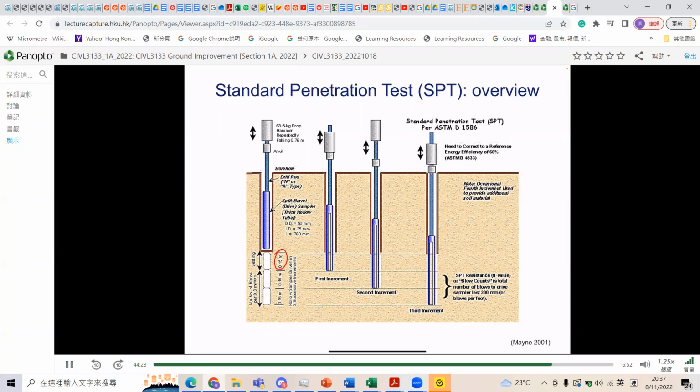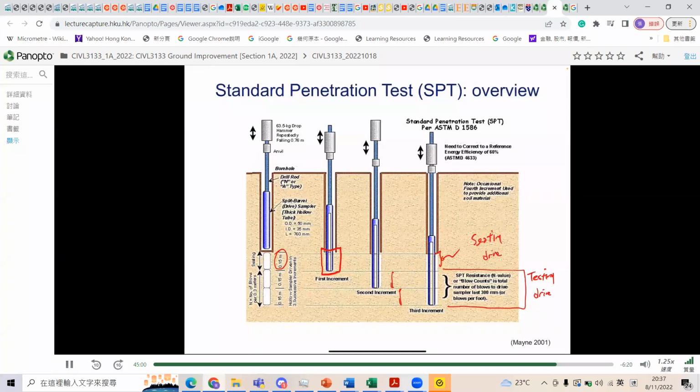So after the seating rounds, let's say we get here and you get your 150 millimeters, okay? And the next part of the process is to do the actual SPT test. So second and third stages of this would be what we call the testing drive. This is the seating drive.